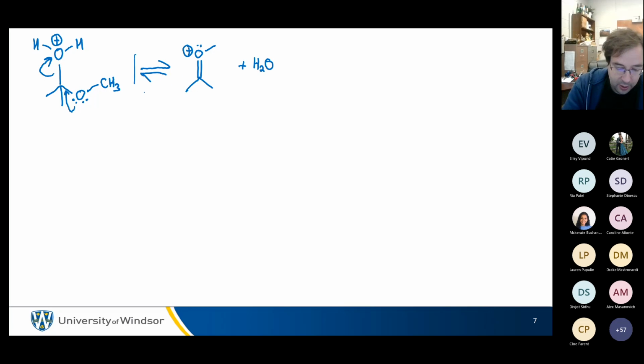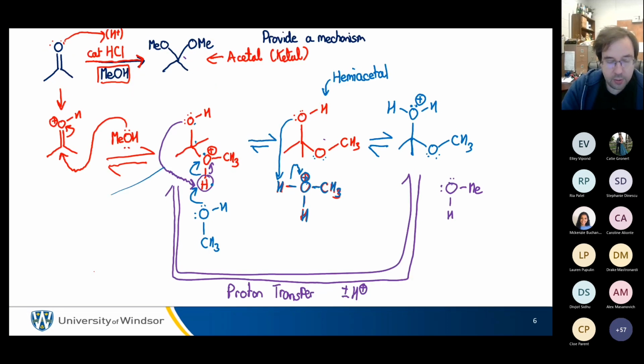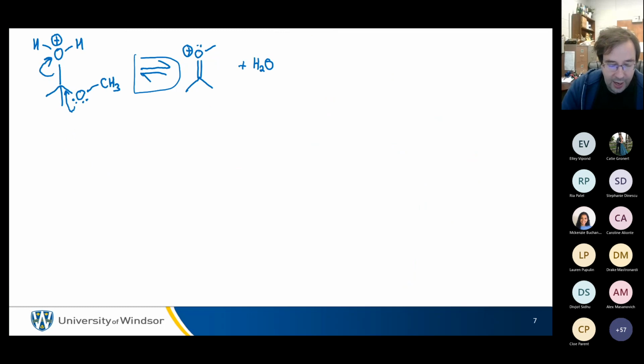So this step here is the precise opposite of the first step. In the first step, we had a carbonyl, which was protonated and charged, and methanol attacked to generate this thing here, this hemiacetal. Now I have the hemiacetal, I've moved the proton around, and I'm regenerating the carbonyl, but the other way. So instead of having the carbonyl with the oxygen that has the hydrogen, we have the carbonyl with the oxygen that has the methyl group.